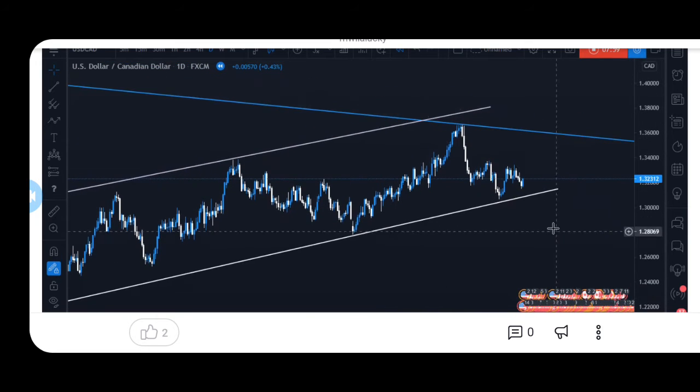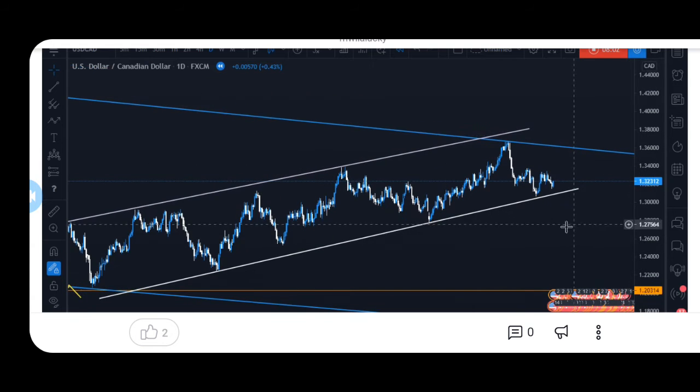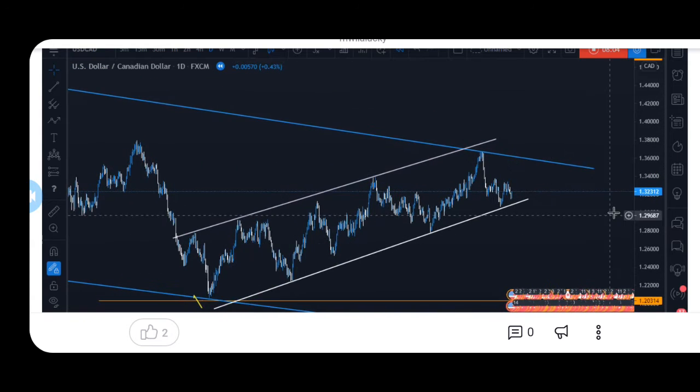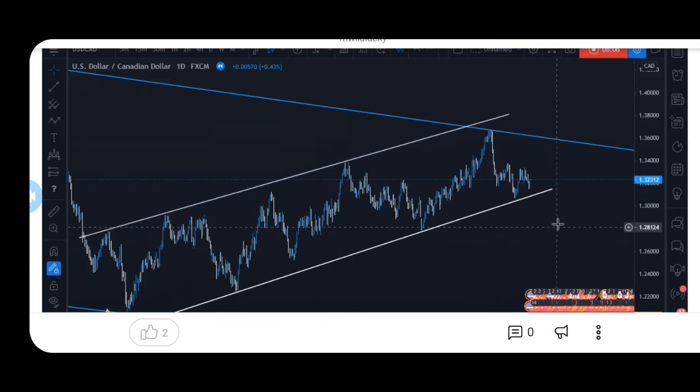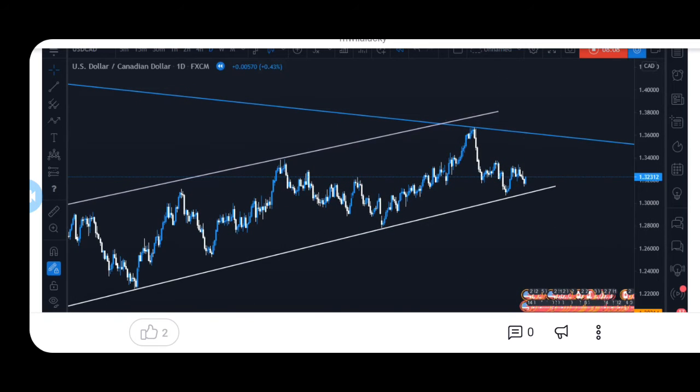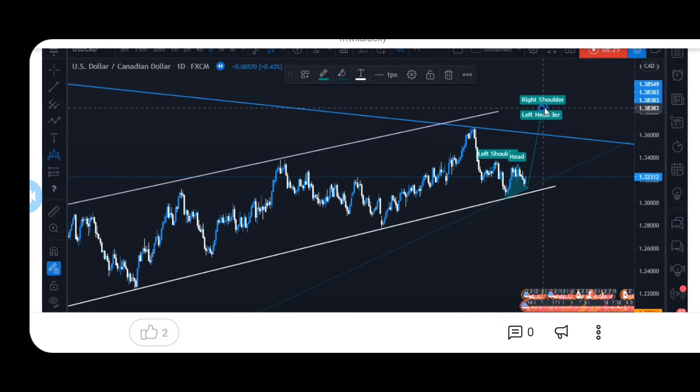The market breakdown of my forecasting on USDCAD, and right now I can see if the market opens right now, we are most likely to take a buy position. Why do I say we're most likely to take a buy position, guys? There is an inverted head and shoulder pattern here. I can see an inverted head and shoulder pattern.